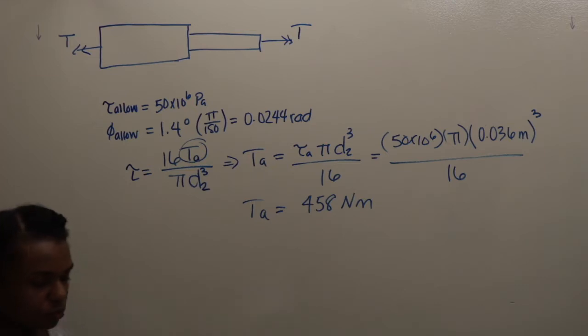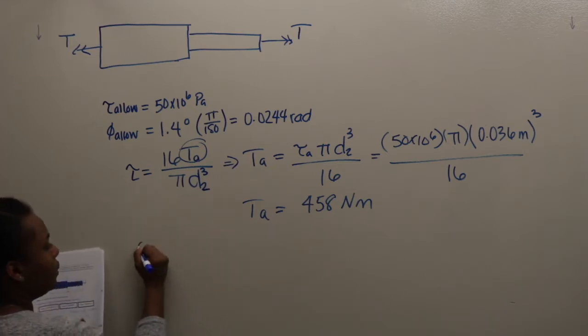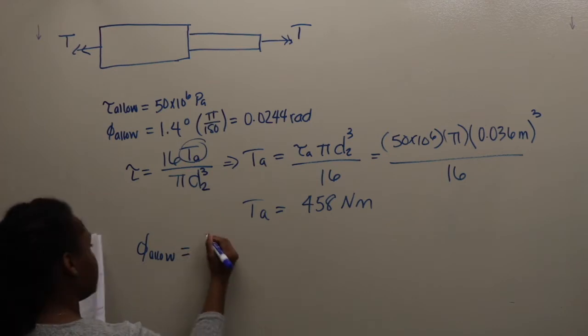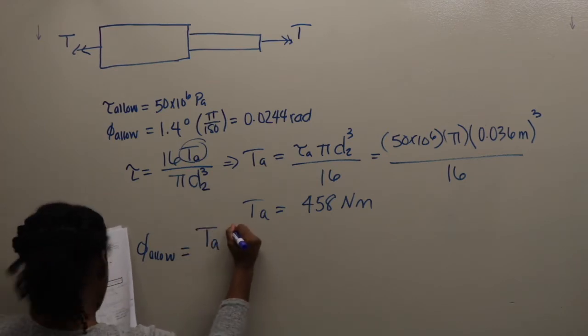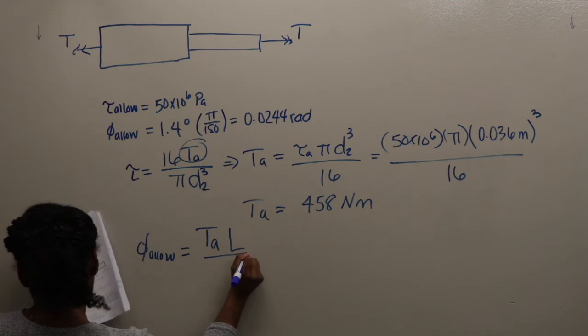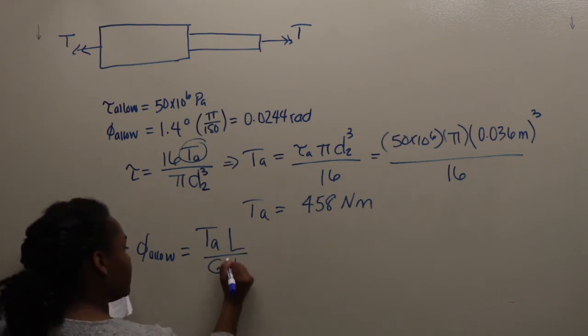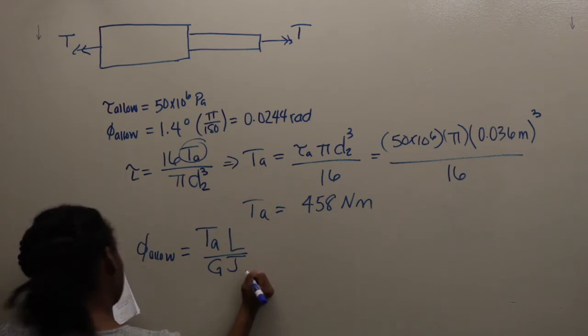With this, you use superposition because the angle allowable equals TA times the length of that section over the shear modulus times the polar moment of inertia.